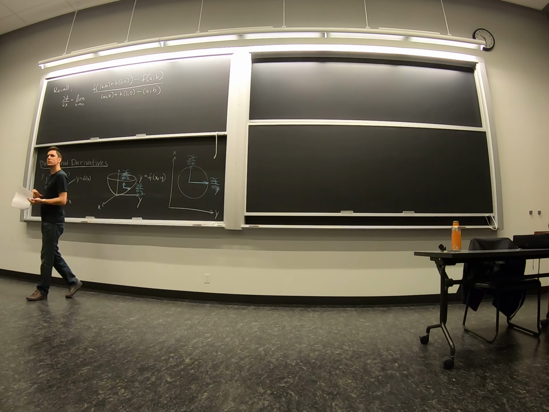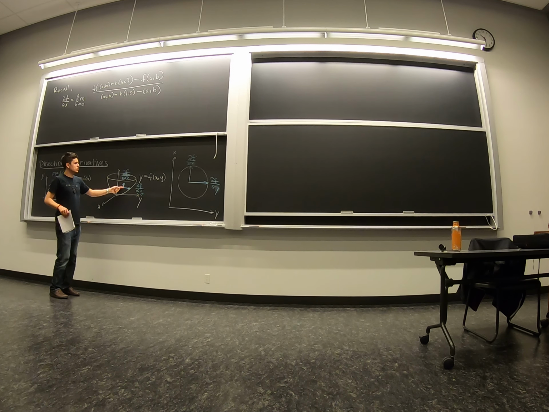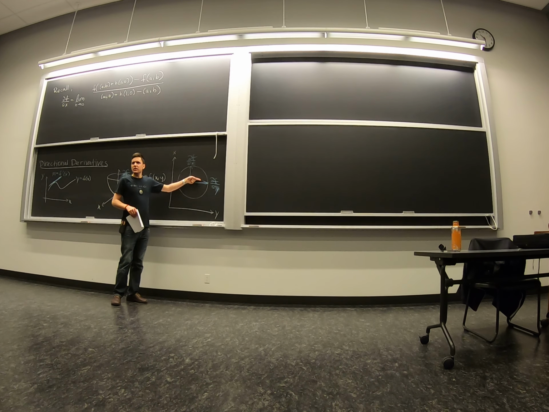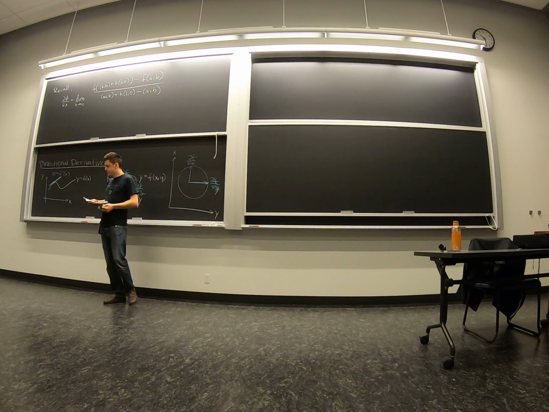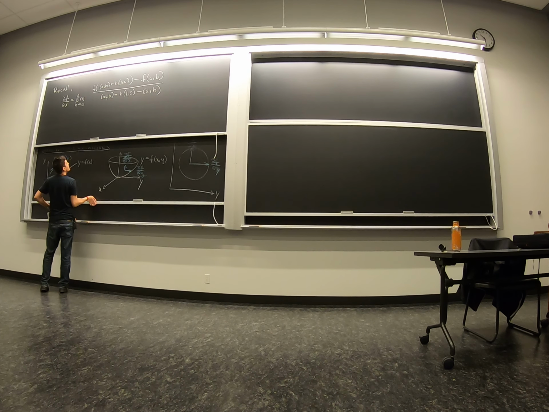So the labeling here is not super duper critical. The idea is that we've just got two directions that we can measure change. Well, that's two of infinitely many. We can measure change in any direction.